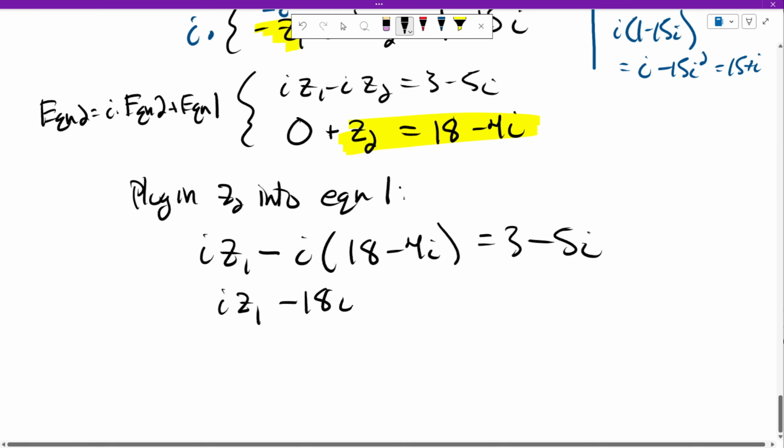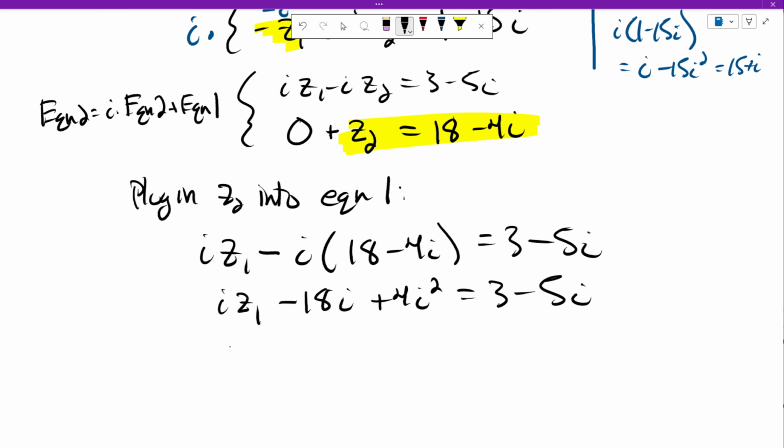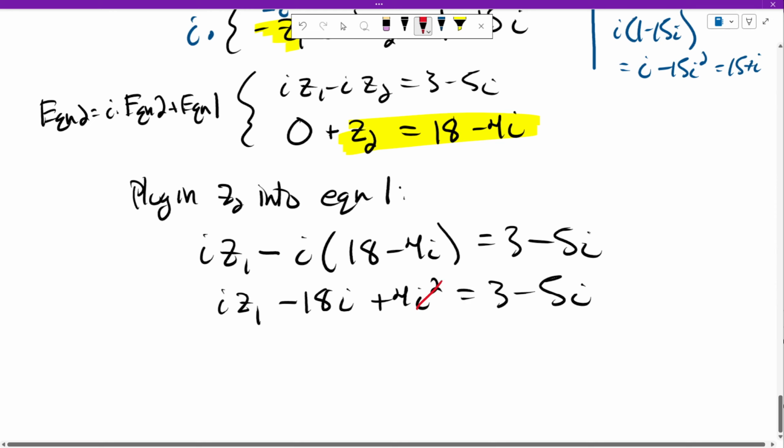So we get negative 18i. Negative i times negative 4i is 4i squared, positive. And we can rewrite our i squared as a negative 1. So we have iz1, and then minus 18i minus 4 is 3 minus 5i. Oops, there should be no i there, sorry.